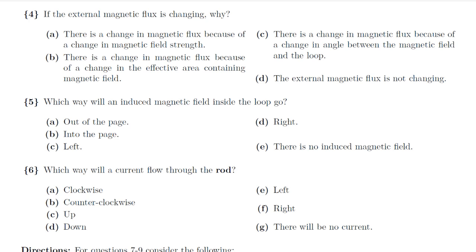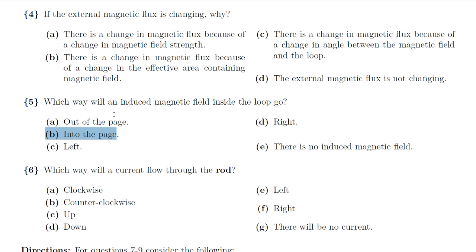Okay, so for this one, the answer is that the induced magnetic field goes into the page. The last part I was referring to was how, if for some reason the flux was increasing instead of our case, which is decreasing, then you would try to decrease it to oppose that.